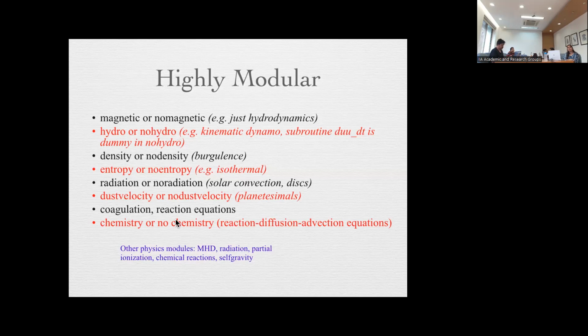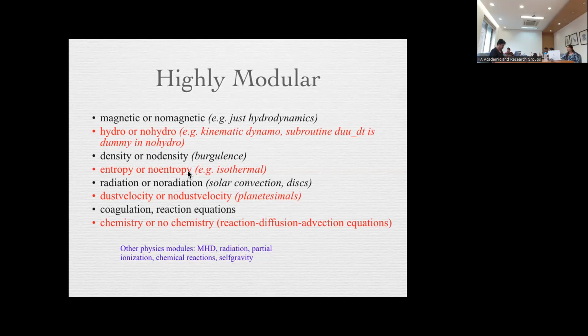And similarly for the others, these are the examples. Then you have entropy. There's an entropy hook in the makefile.local, which you can set to no entropy if you want to do isothermal runs, for example.